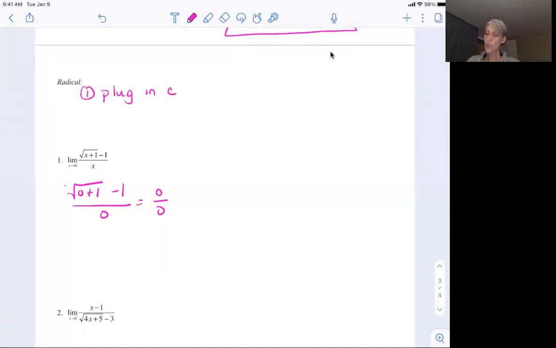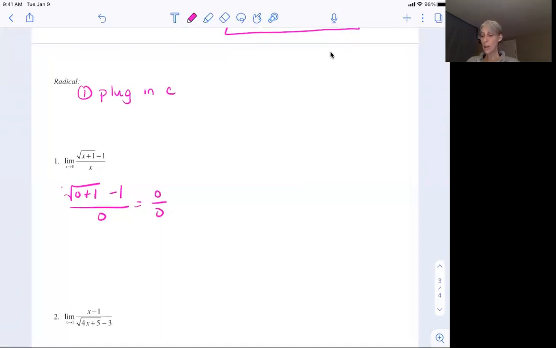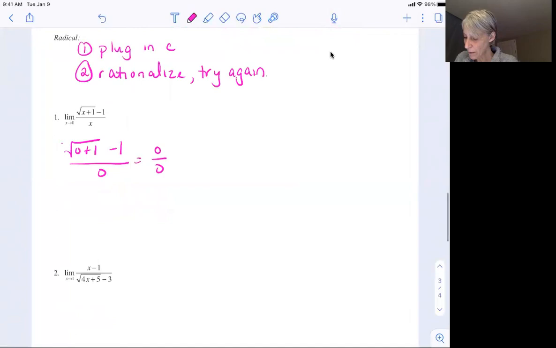So in order to deal with this, what way do we have to rewrite a radical expression? We're going to rationalize and try again. So I'm going to rewrite my function.